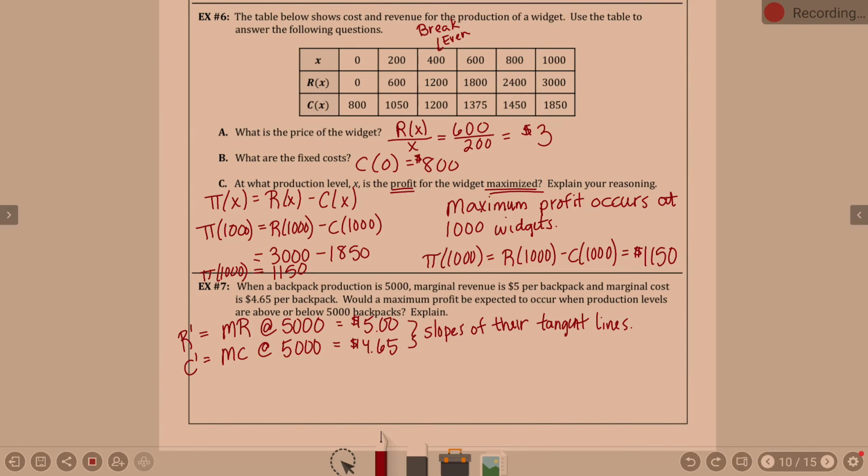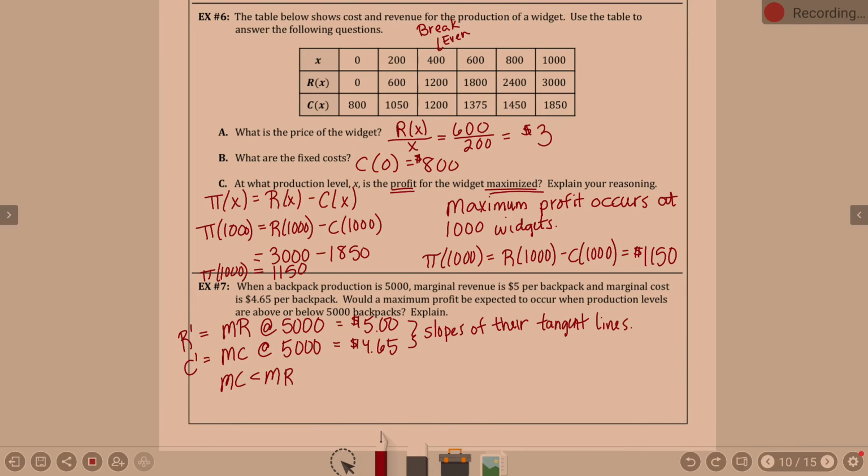So slopes of their respective tangent lines. Now, would a maximum profit be expected to occur when production levels are above or below? But what do we notice here? Here we know that our marginal cost is less than our marginal revenue, yes?